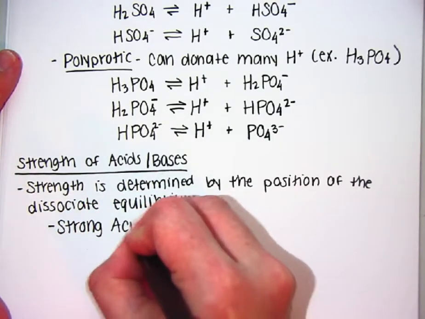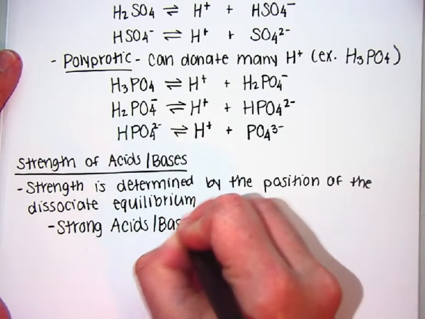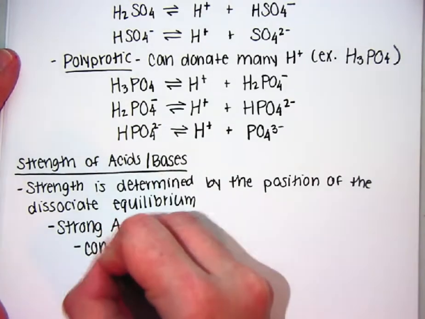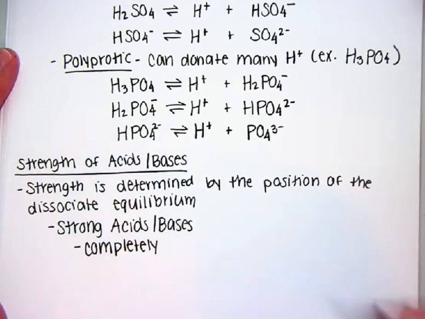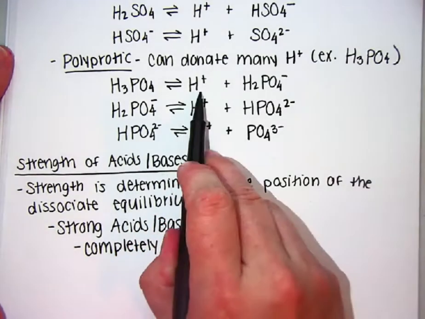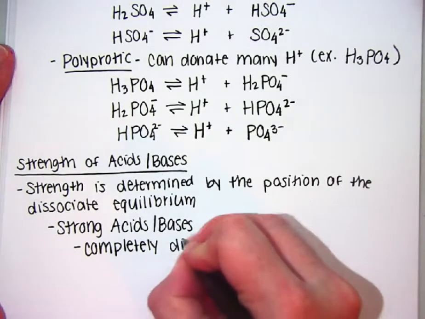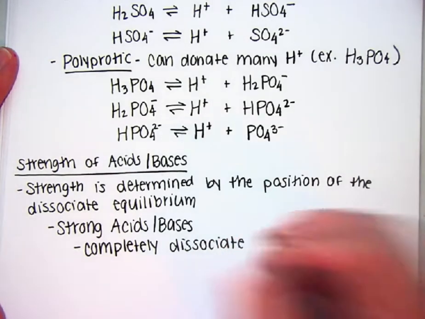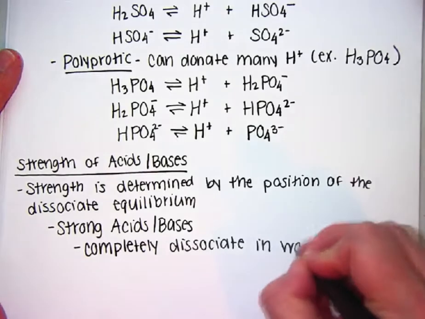Strong acids, bases completely dissociate. Remember, dissociate's just like a fancy word for breaking up. It's going to completely dissociate into its individual ions. Strong acids and bases completely dissociate in water.